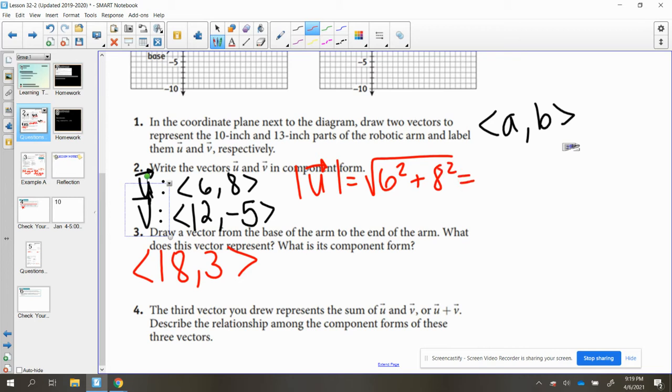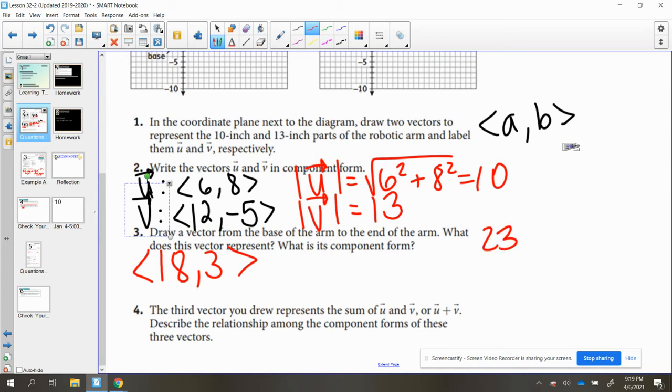So the square root of 36 plus 64 is 100, so we would have 10 as our magnitude. And if we looked at vector V, the component form 12 squared and 5 squared, the magnitude would be 13. So if we added those two together, we would have 23, right?